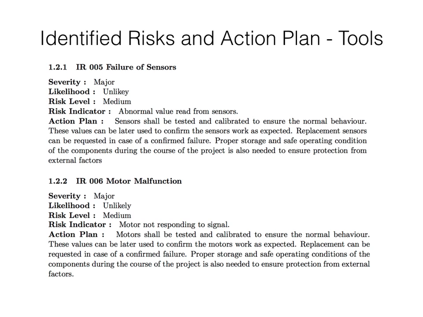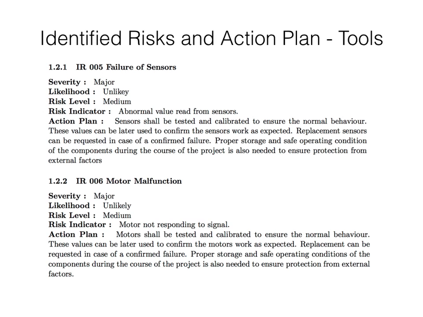The second risk that we identified in this category is motor malfunction. This one is the same as the sensors, it is unlikely to happen, and the risk indicator might be the motor not responding to a signal, or the response to the signal is not normal, not how it used to respond.